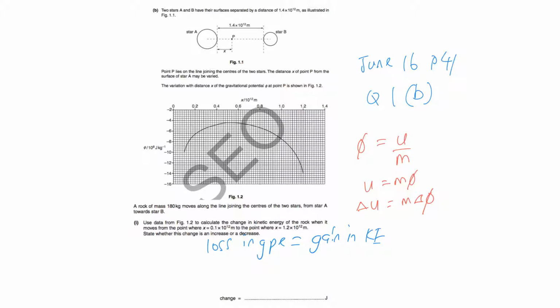So now, mass of what? You must multiply by the mass of the rock, which is a test mass here, and you find the change in GPE of the rock. So the loss in GPE will be mass times change in potential. If you read from the graph, the potential at 0.1 is negative 10. The potential at 1.2 is negative 14. So when you say loss in GPE, you have to take the bigger minus the smaller.